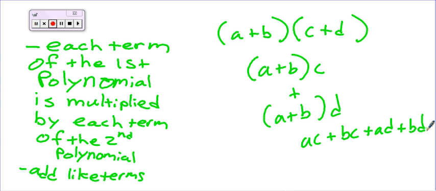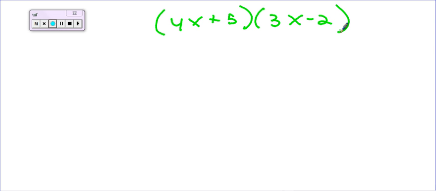Let's apply that to some actual polynomials. There are a couple of ways we do these, and I'm going to show you two. Here's the first way. It's just like what we just did. So here's my polynomial: 4x plus 5 times 3x minus 2. That's simple enough.